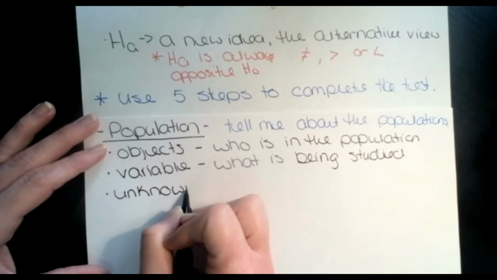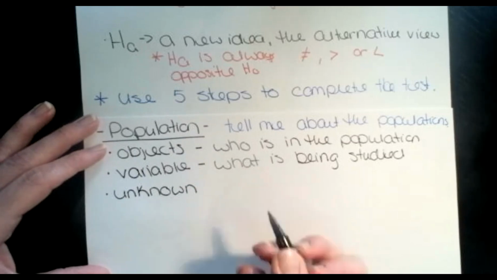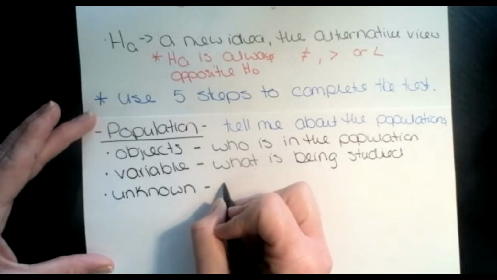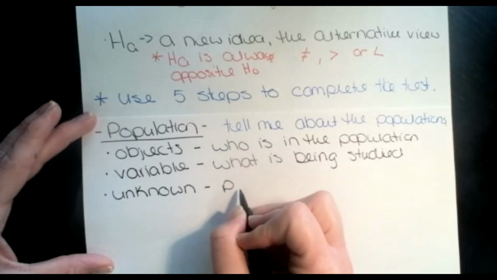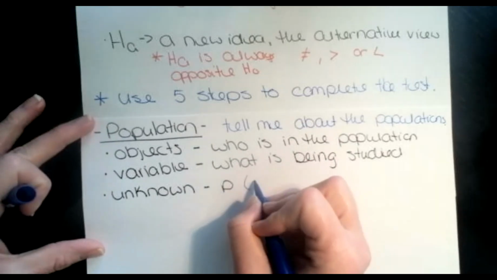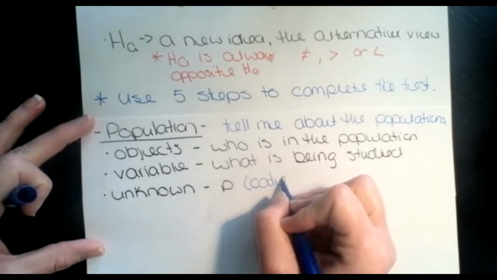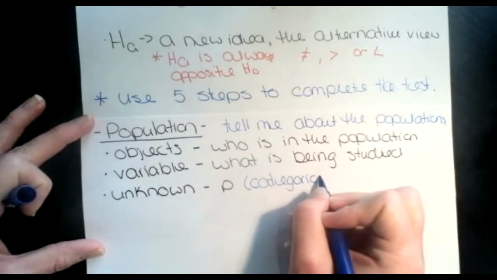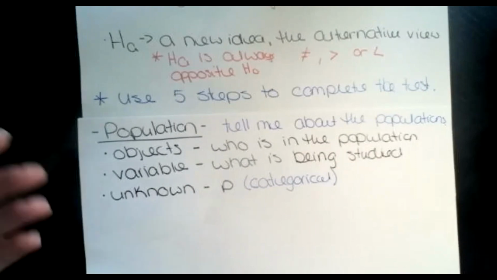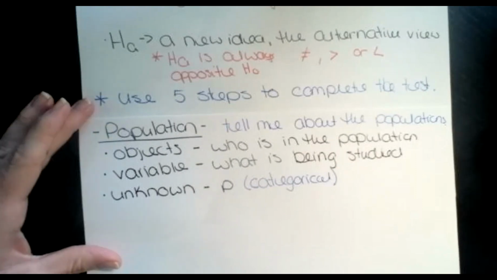So what is the unknown for the population? Right now, it will be P, because it's categorical. Let me just write that here. And that's all we're going to look at right now. It would be mu if it was numerical. We don't need to write that down. We'll do that later on.